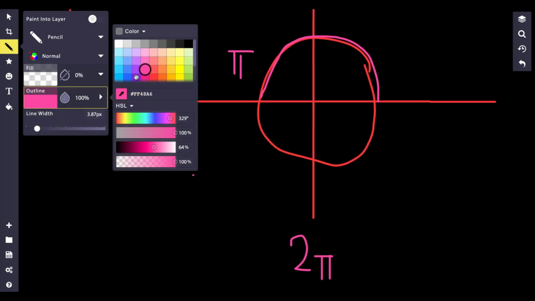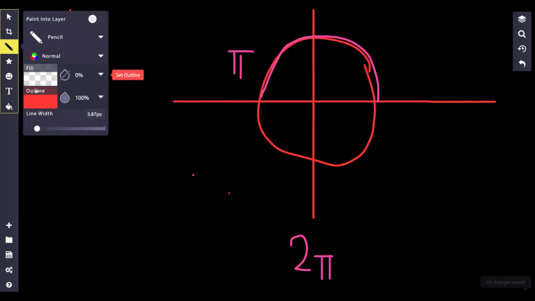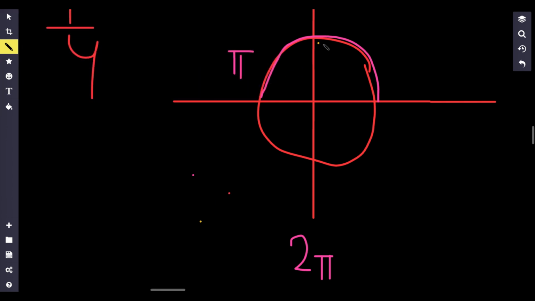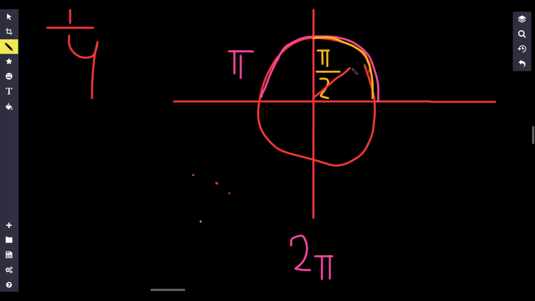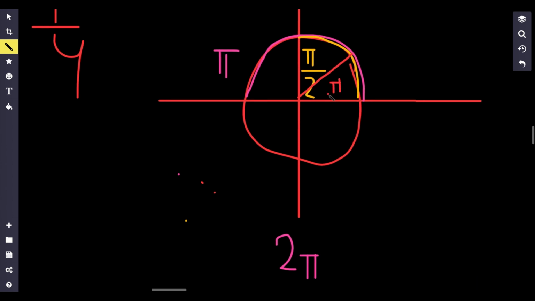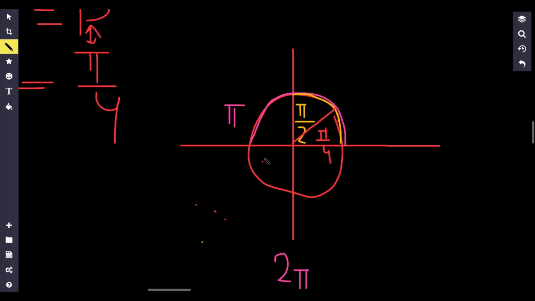So if we know that pi is this length right over here, and I take half of it, that's going to be pi over 2, half of what I had before. And if I take half of pi over 2, I get pi over 4, right?